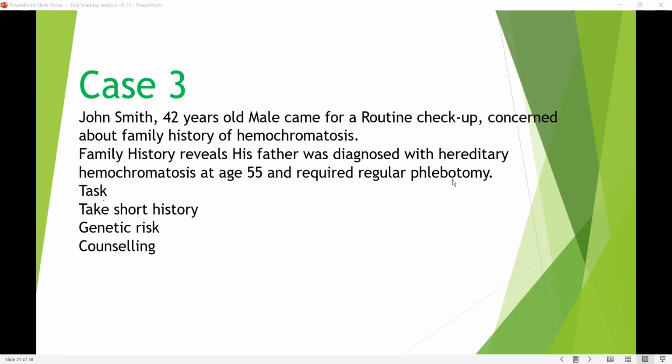I'm okay, doctor, so far. Okay, and you said your father was diagnosed at age 55. Mhm. Anyone else in your family has a similar condition? Yes, doctor. I think my father's brother also has a similar condition. Okay. Are you experiencing any symptoms lately, like fatigue or joint pain?